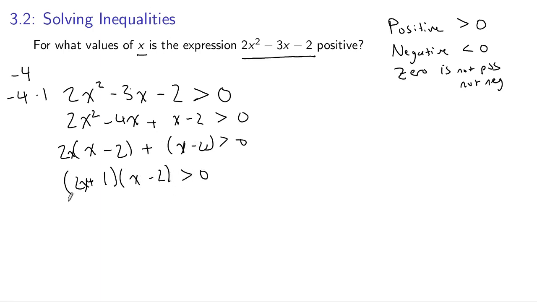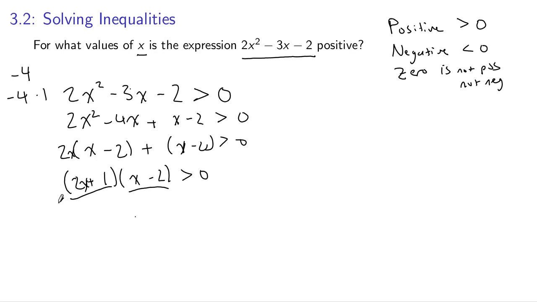So for this whole quantity to be greater than 0, it must be positive: both this quantity, 2x plus 1, has to be positive, and this quantity, x minus 2, has to be positive. Or there's another case: both of them can be negative.